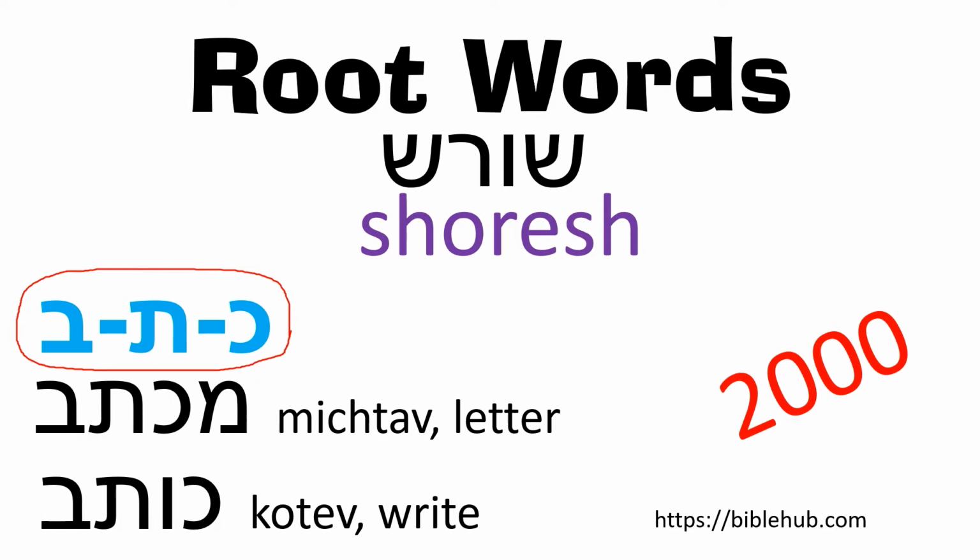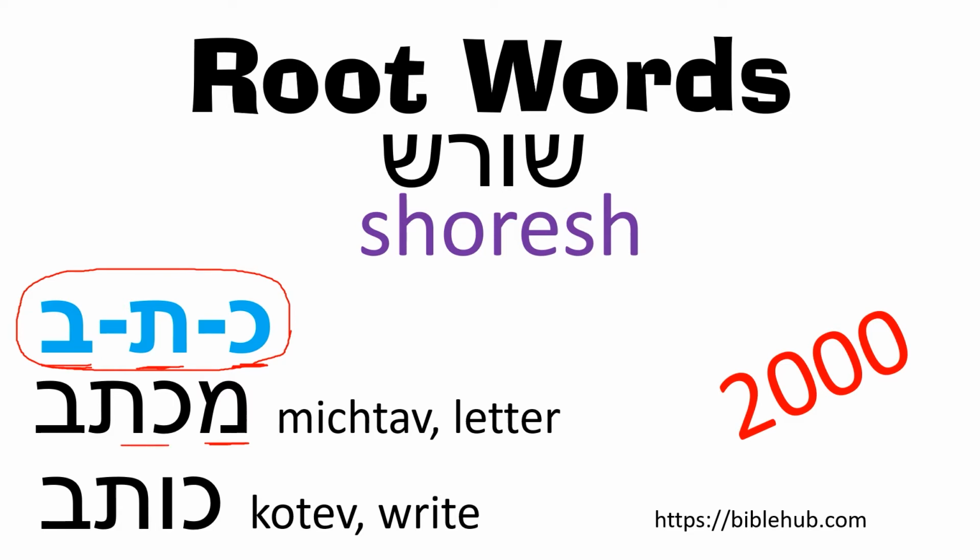And so let's look at this one root word right here. We have katav, which is kaf, tav, vet. Katav means to write. And when we add the Hebrew letter mem, it becomes michtav, which means a letter. So it becomes a noun, a thing, and we know that thing is a letter. And we just added the mem prefix.